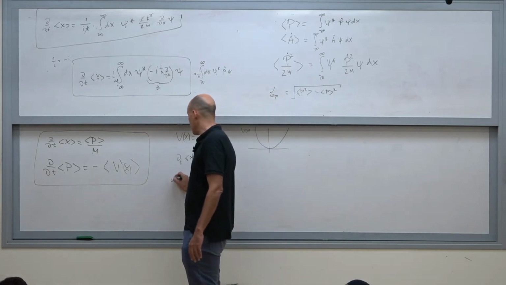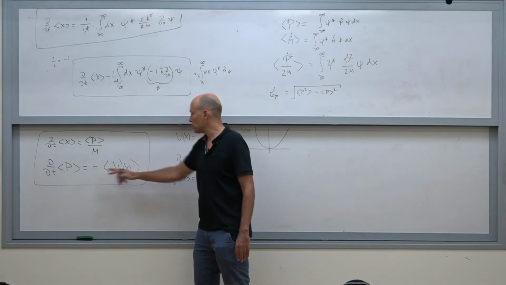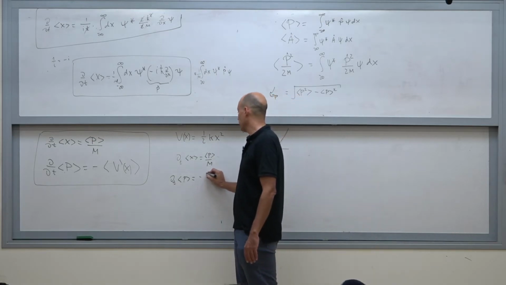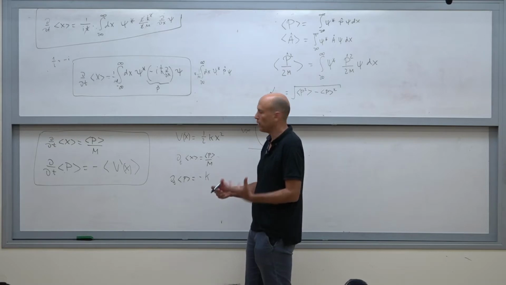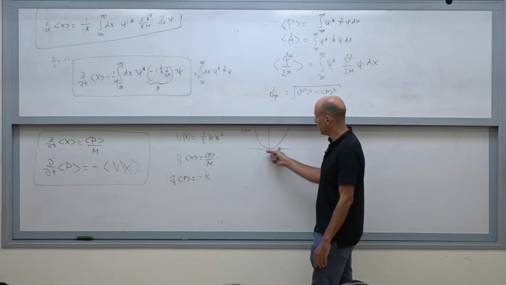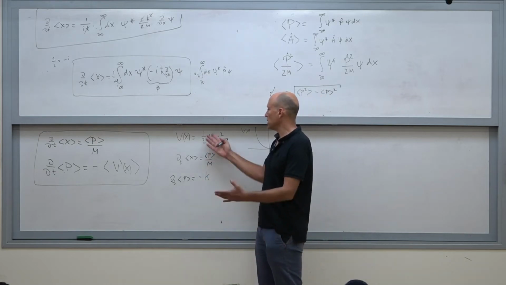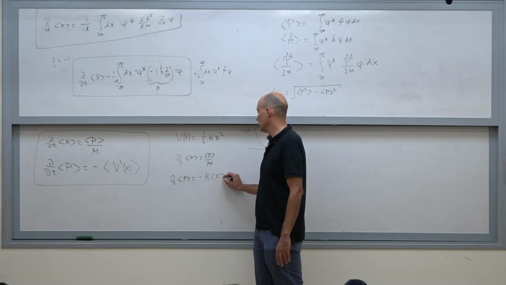And then I have the second law of Newton. I have here minus this. I take the derivative of V of x. What do I get? K, some spring constant. This is something reflecting the parabola here. So this is the spring constant. Let us assume K is positive, times x.